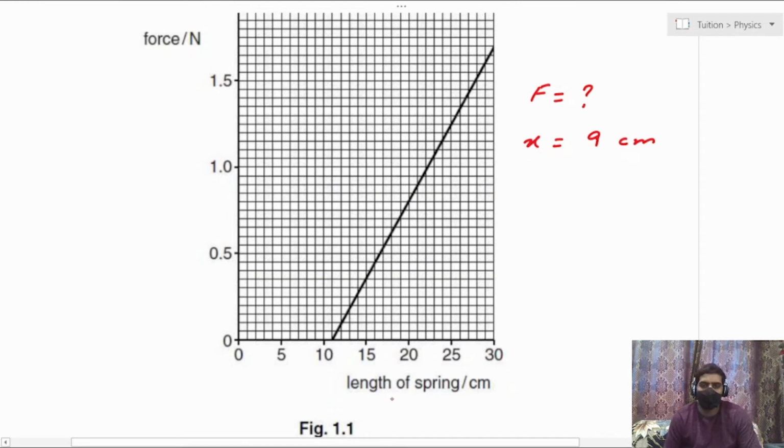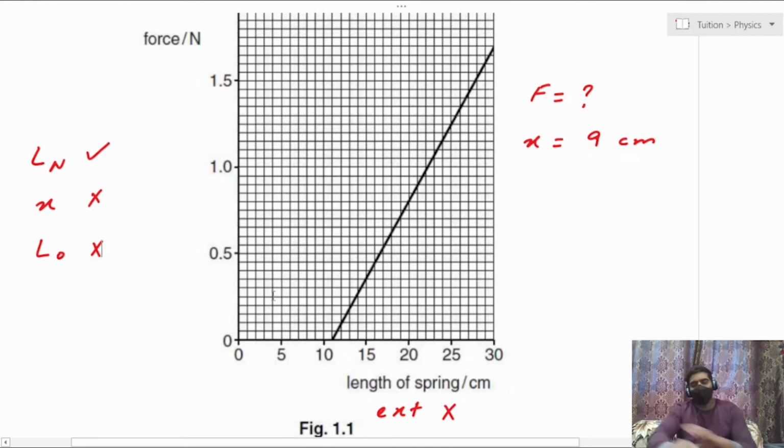The x-axis is not representing the extension. First of all, that should be clear. Rather, the x-axis is representing the new length, or the total length of the spring. So it is representing the total length of the spring, not the extension, not x, and it's not representing the original length either.